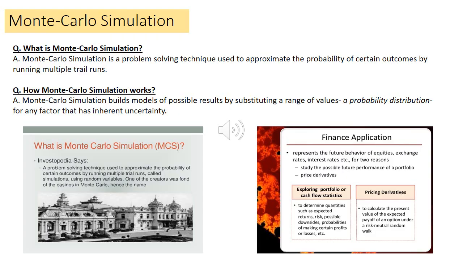To give you all a brief introduction about Monte Carlo simulation, it is a computerized mathematical technique that furnishes the decision maker with a wide range of possible outcomes for any choice of action by running multiple trial runs. It builds models of possible results for any factor that has inherent uncertainty. The model calculates the results over and over using random values from probability distributions, producing a range of possible outcome values.